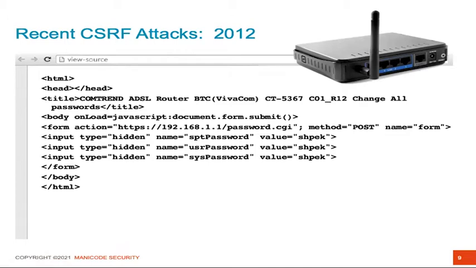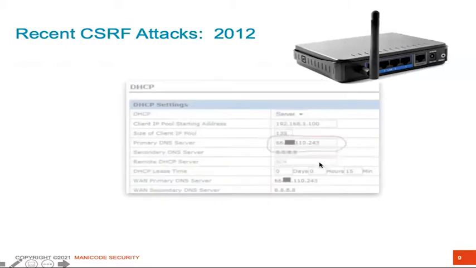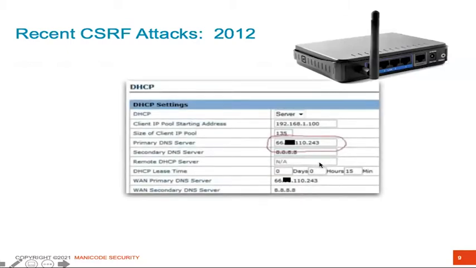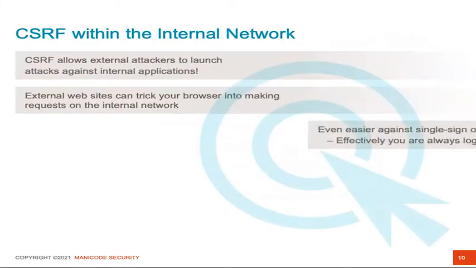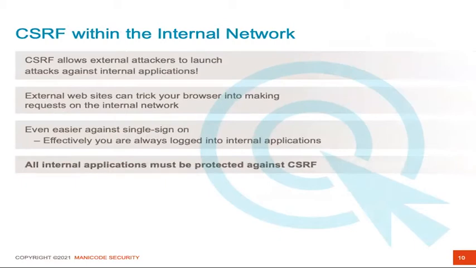If you visit my evil website while you're logged into your router, body, JavaScript, submit the form, change password, your admin password's changed to a known password, and then the attacker actually changed DNS for like 5 million people in Brazil. Just a bank robber phishing through DNS, through modifying DNS of a lot of different citizens of Brazil. Awesome CSRF at scale. The whole point is I can use CSRF to attack your intranet.